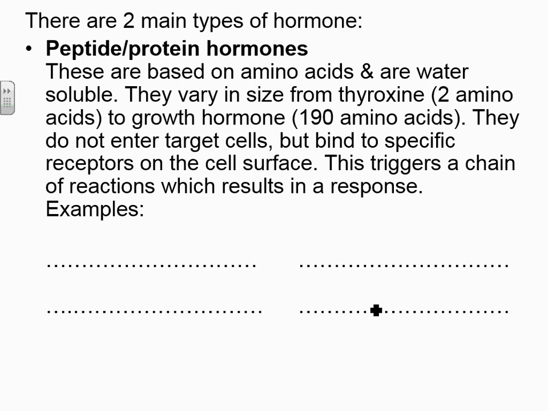Now, just a bit of a sidetrack here. A lot of hormonal disorders can be treated very, very simply by giving people a hormone that they're missing. It's not complicated drugs that have to interfere with processes or anything like that.